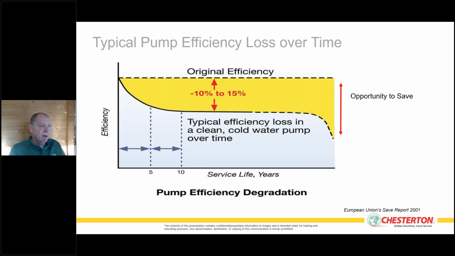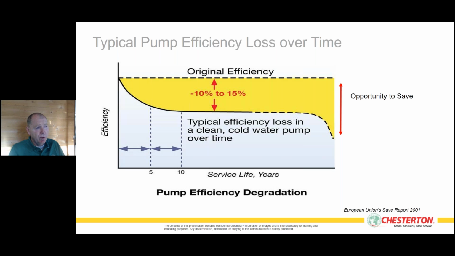Another important point to think about is that the loss of efficiency over the lifetime of a pump isn't a straight line curve. It occurs like this. A lot of studies, again going back a good few years to 2001, include a report done for the European Union, where they looked at a clean cold water pump and where the main efficiency losses were.